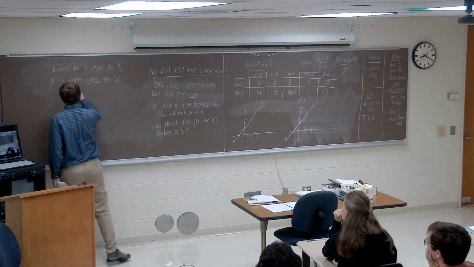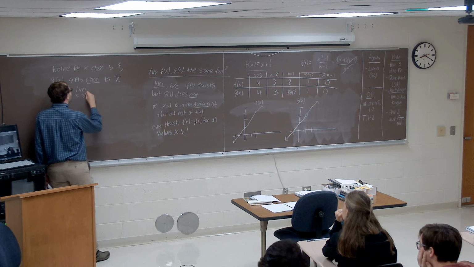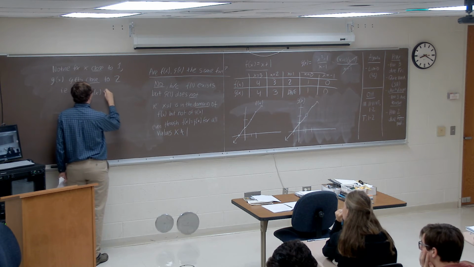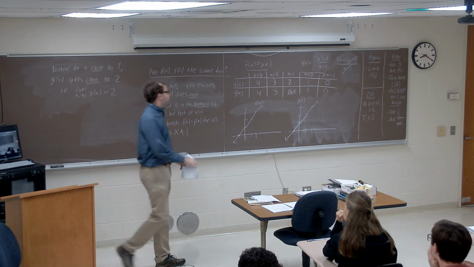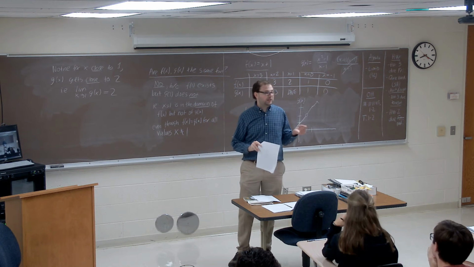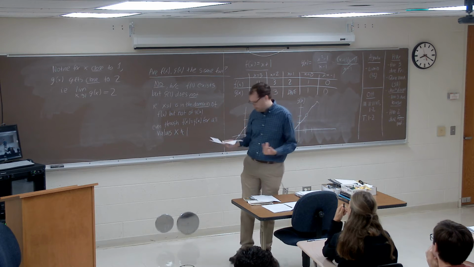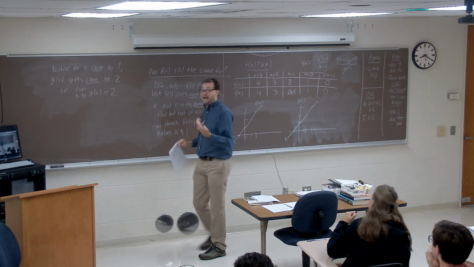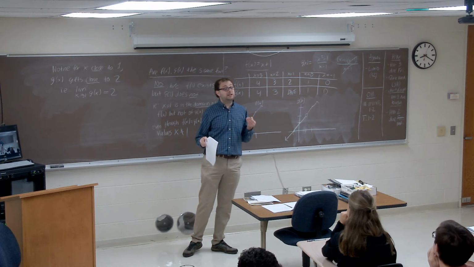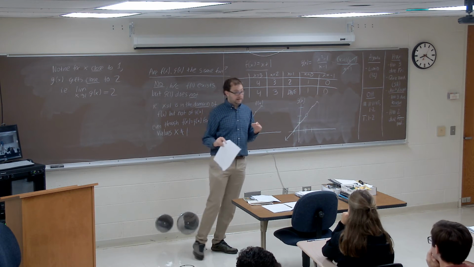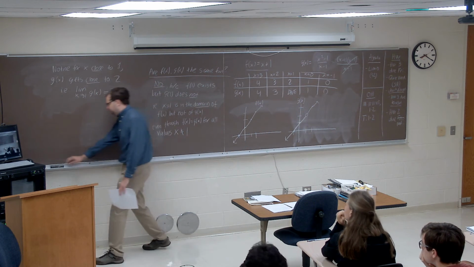And so something we're going to say is that the limit as x approaches 1 of our function g of x is going to be 2, to denote the fact that for values of x that get really, really close to 1, if we're taking a limit as x gets super close to 1 but not actually equal to 1, we're going to get y values that get really, really close to 2. And that is going to give us our definition of a limit.